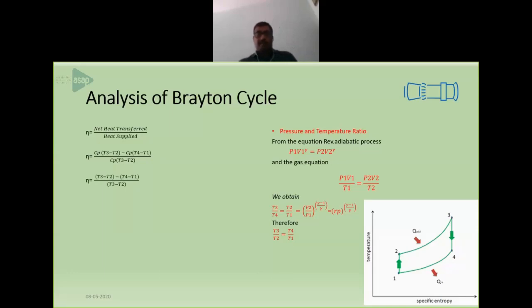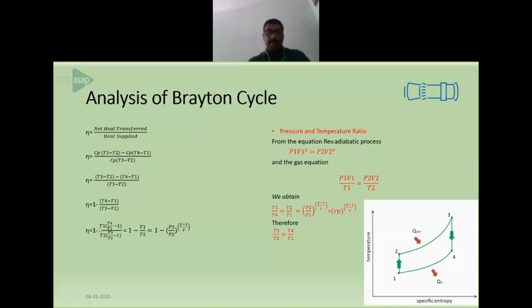Now, we can see that Cp is a common factor. We can eliminate that because it is in the numerator and denominator. You will have (T3 minus T2) minus (T4 minus T1), divided by (T3 minus T2). Or you will have, say, T3 minus T2 is common for the first term, so it is 1 minus (T4 minus T1) divided by (T3 minus T2).